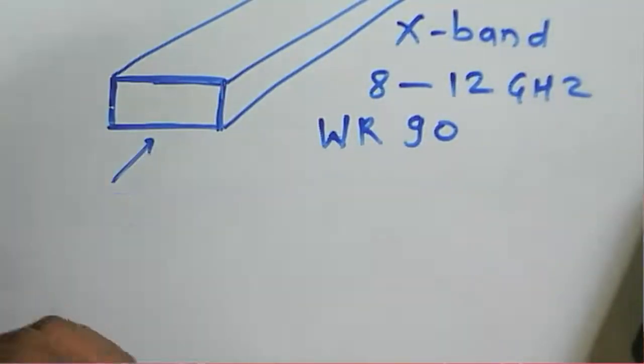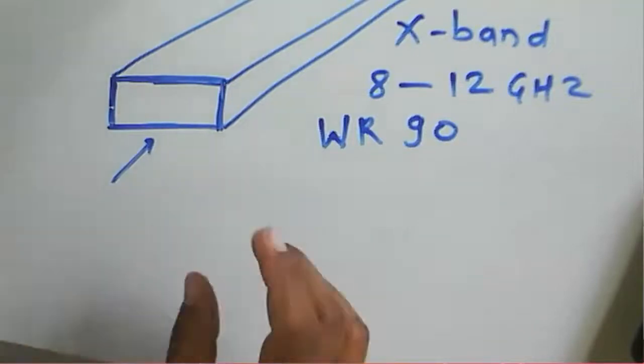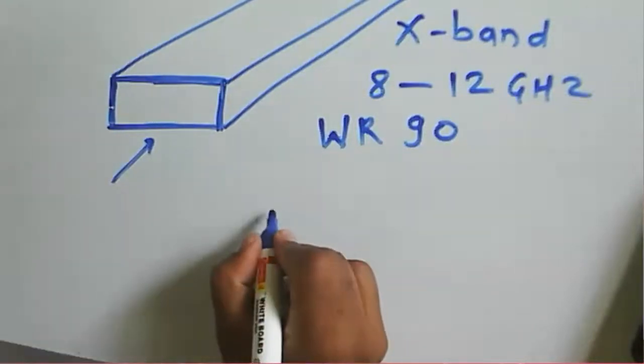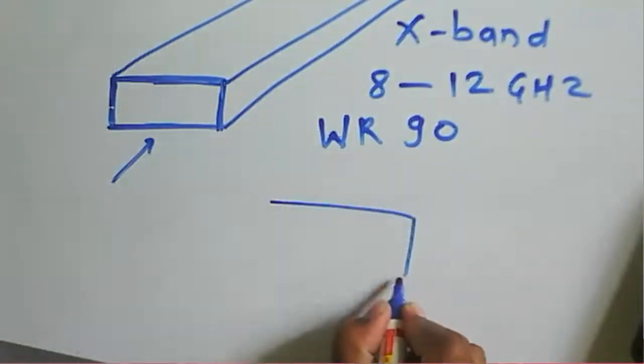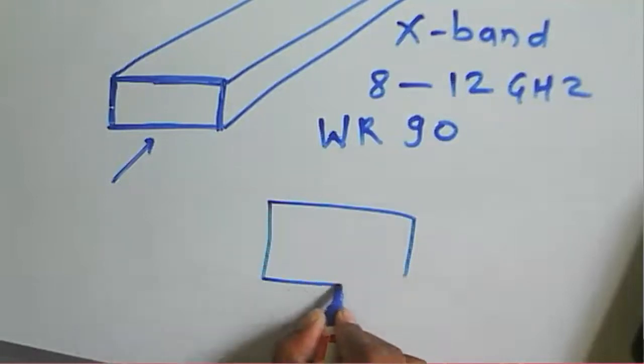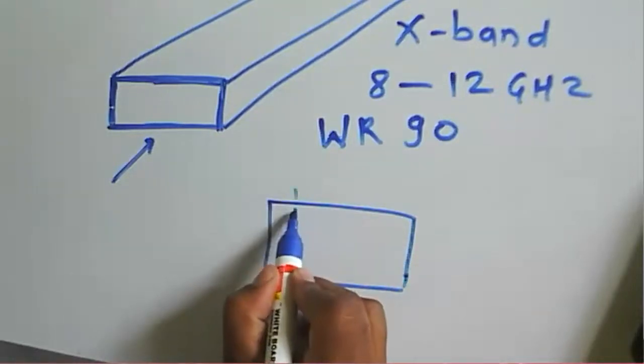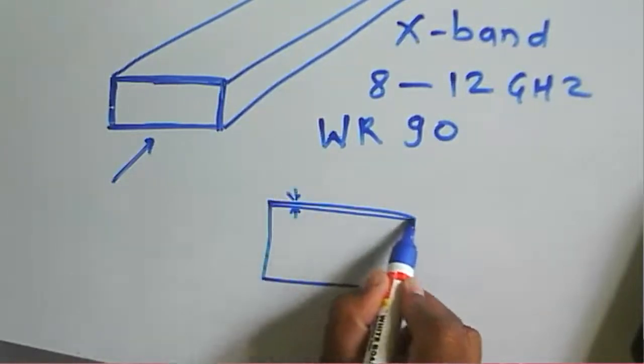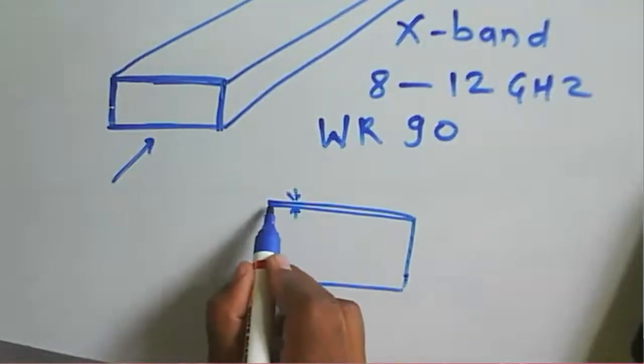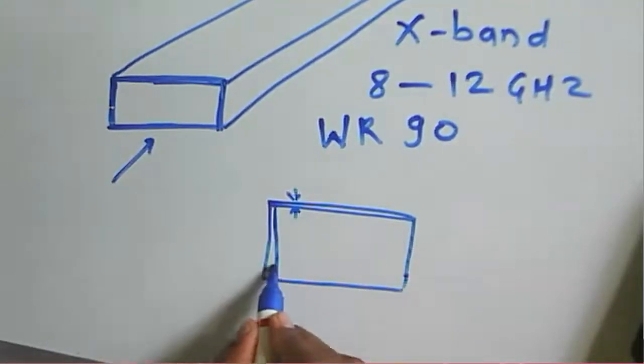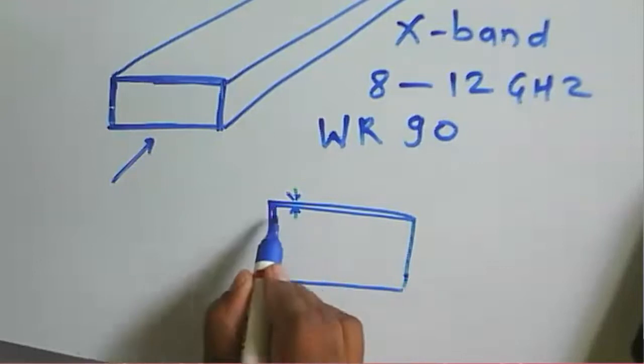Now, generally, if you consider a rectangular waveguide, it has some thickness here, and similarly here it has some particular thickness.